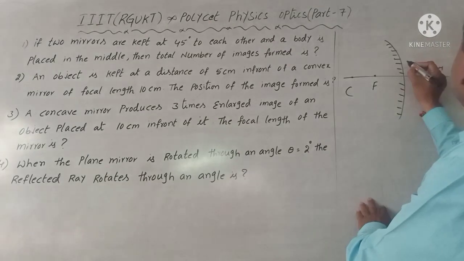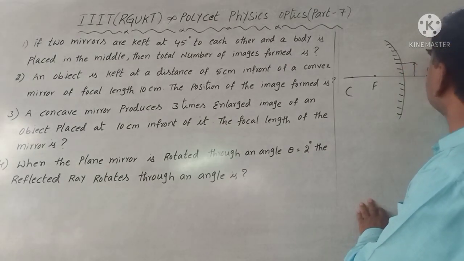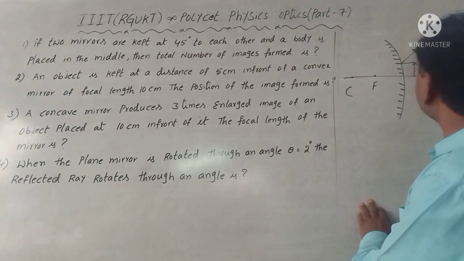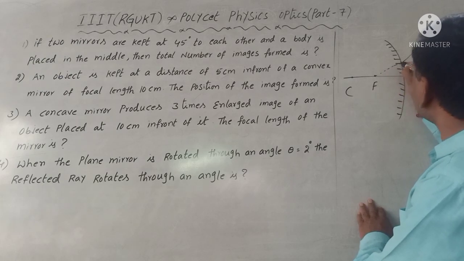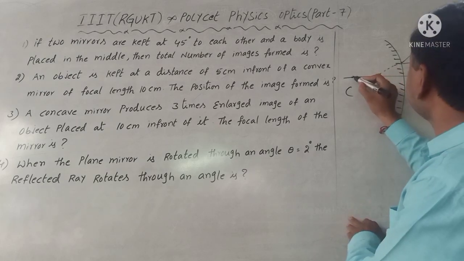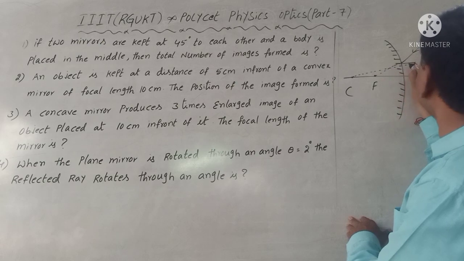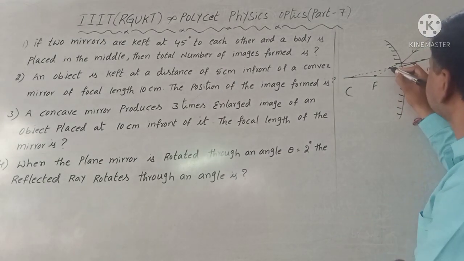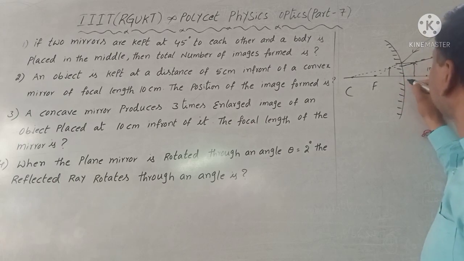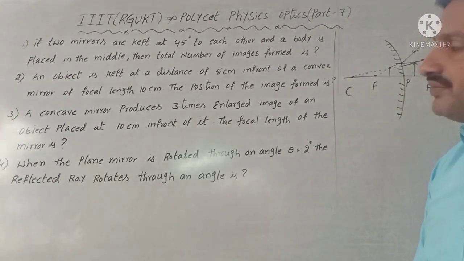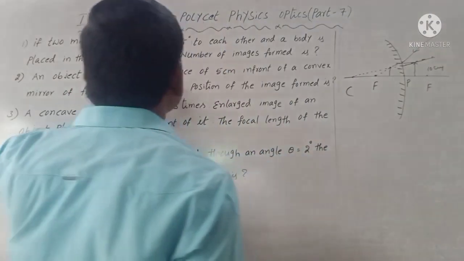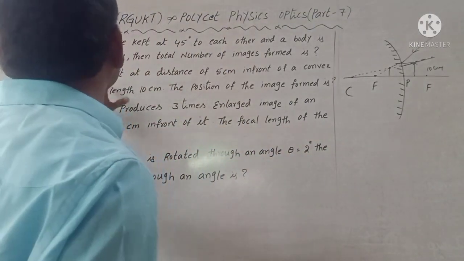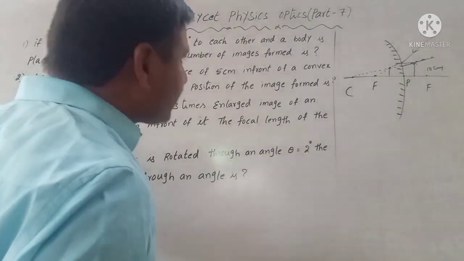Already you know that a ray passing parallel to the principal axis, after reflection, passes through the focus. The second one, as usual, is a light ray passing through the center of curvature. Where the two line segments meet, the image is formed between P and F. So which mirror is it? Convex mirror.